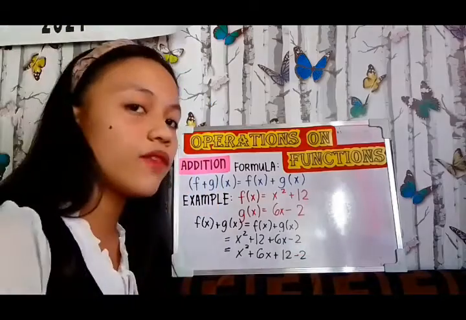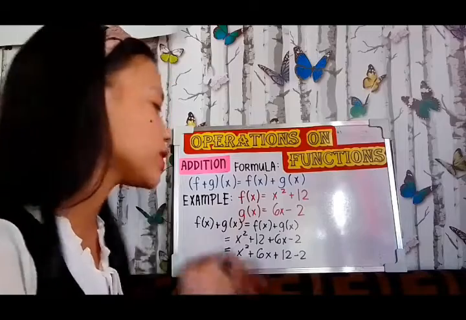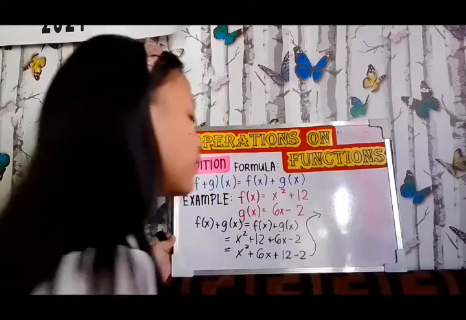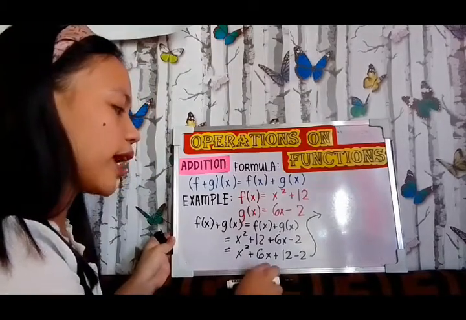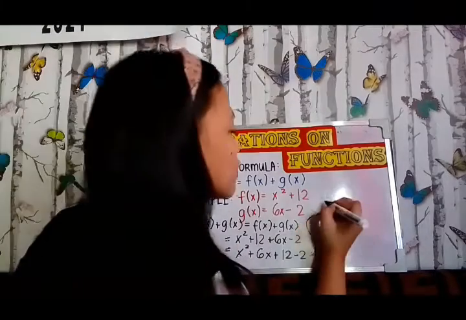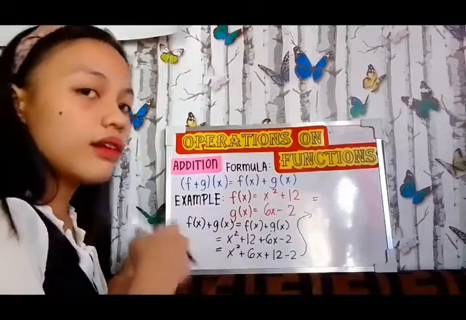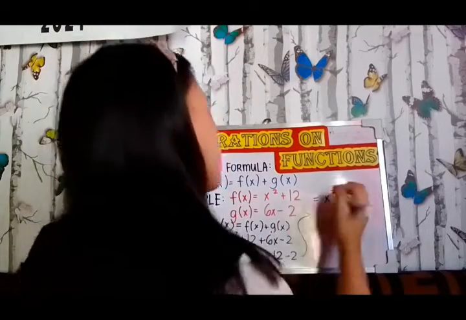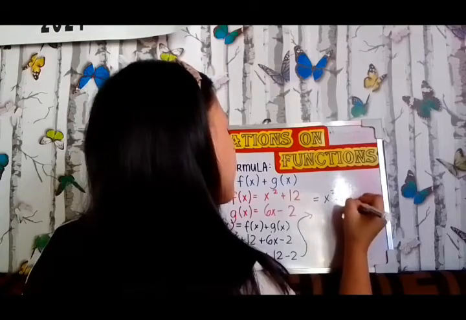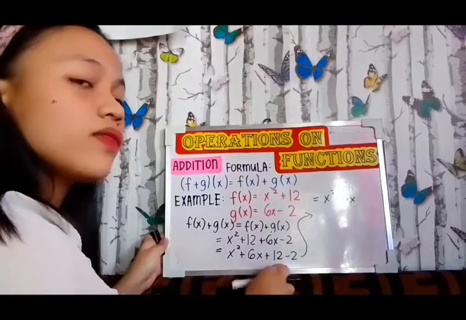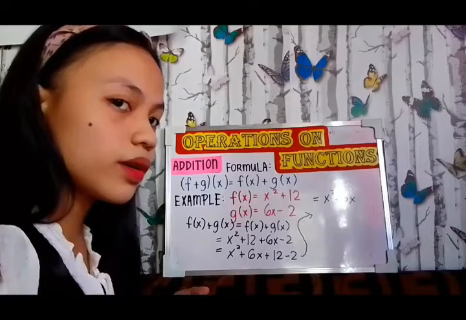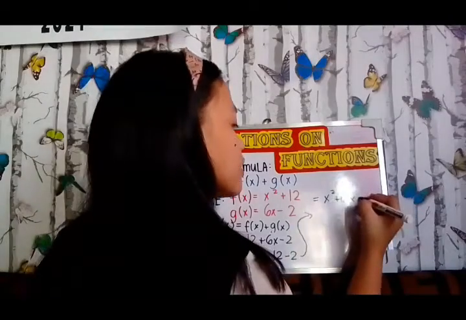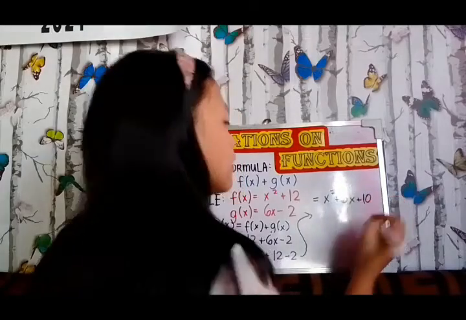Now that we have transposed what needs to be transposed, we just solve it. x squared and 6x are different from one another, so we rewrite them: x squared plus 6x. Then 12 and 2 are like terms, so 12 minus 2 is 10, positive 10.